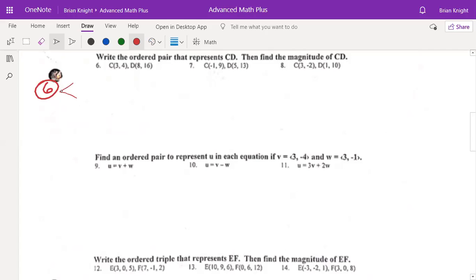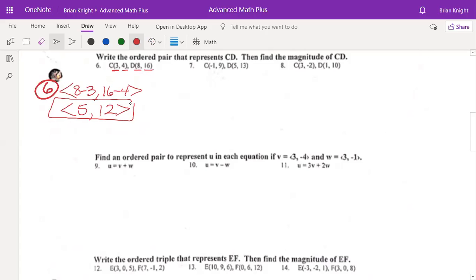That tells you it's a what? A vector, okay? And you're gonna do the X part minus the X part. So 8 minus 3, and then 16 minus 4. And that is 5 and 12. All there is to that, okay?